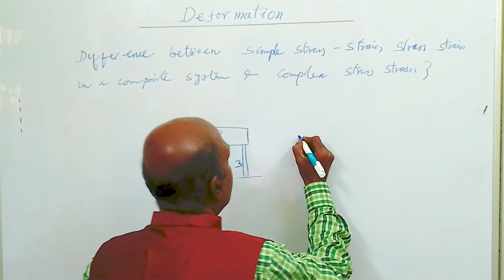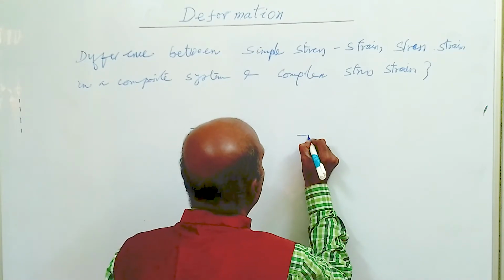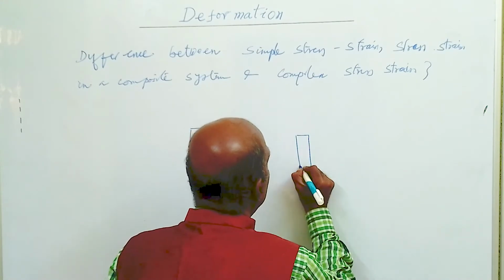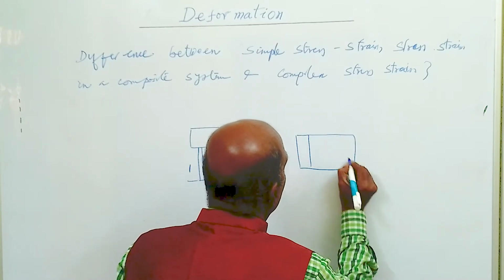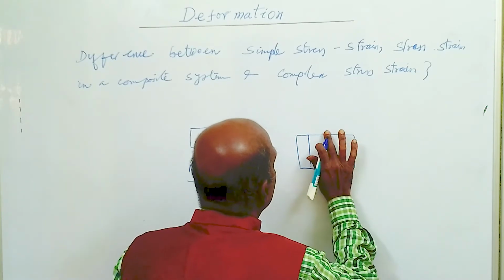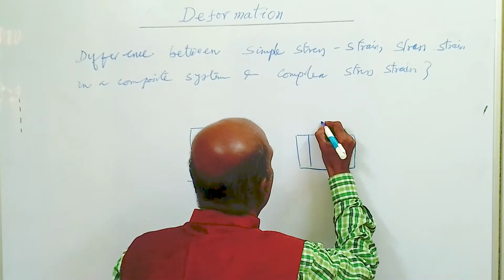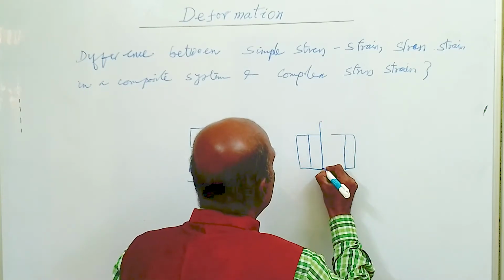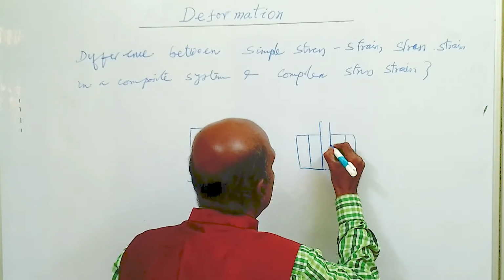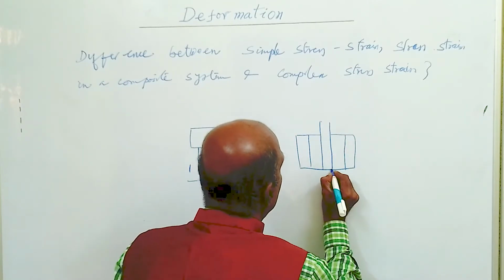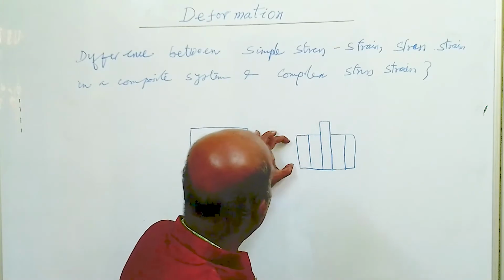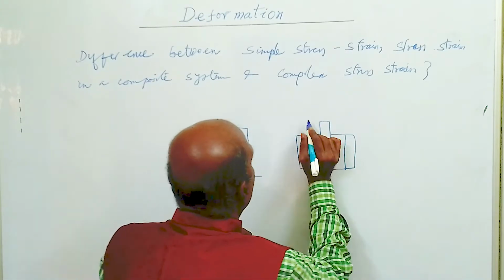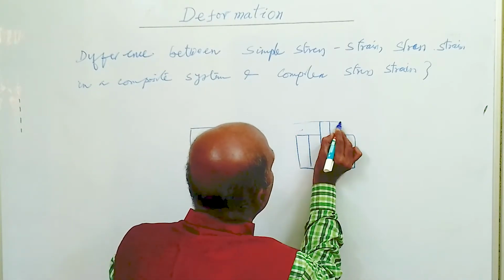So we can see a hollow tube. This is the hollow tube, and inside the tube there is another bar of this length. This length and this length are not same. Say a heavy load is applied over here.